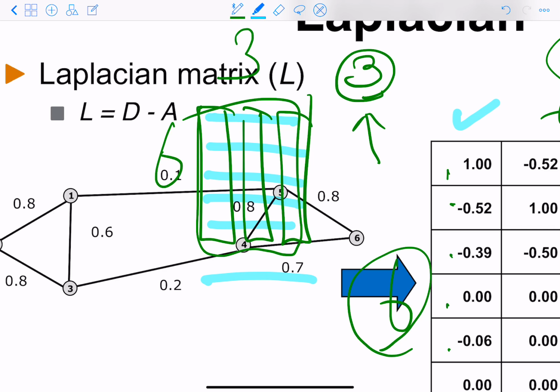Those new 3-dimensional representations come from the 3 largest eigenvectors. So why does simply performing k-means give a good result?